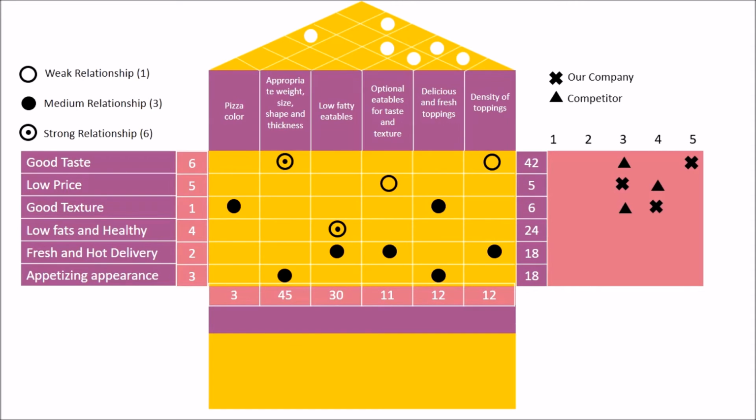For low fats and healthy pizza, we stand at 2 and our competitor stands at 5. For fresh and hot delivery, we stand at 4 and our competitor stands at 2. For appetizing appearance, we stand at 4 and our competitor stands at 3.